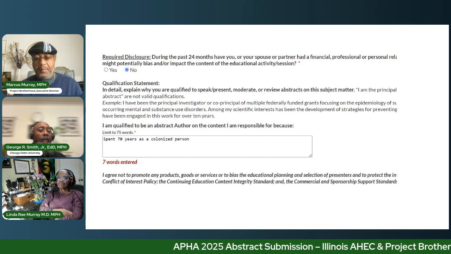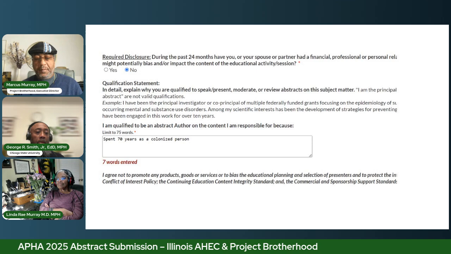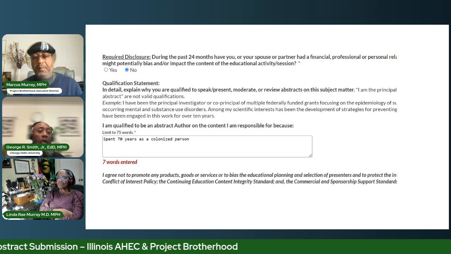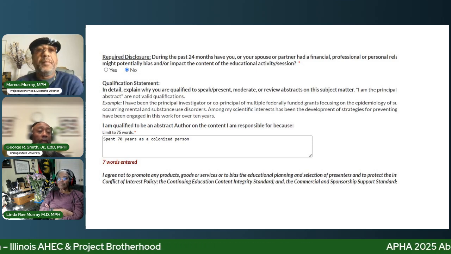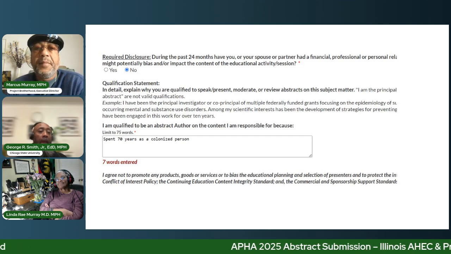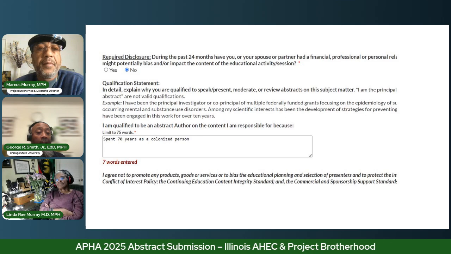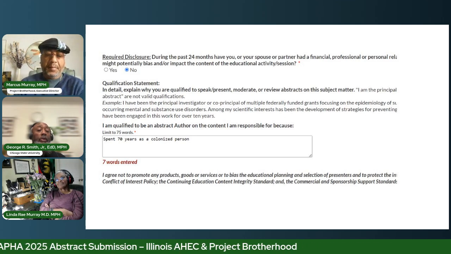You can say, I have worked in the field of substance use disorders for the past 7 years. I have a complete understanding of working with those environments, with those individuals, particularly who are unhoused and live in urban areas. So just give a brief description of why you should be able to submit an abstract.